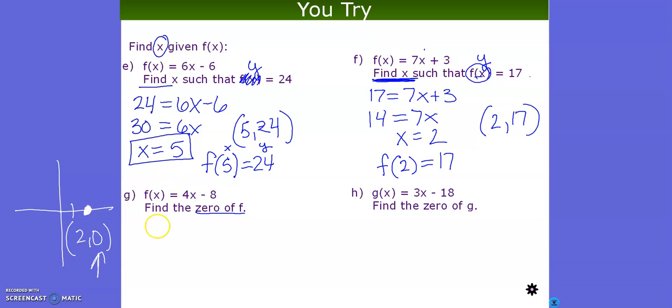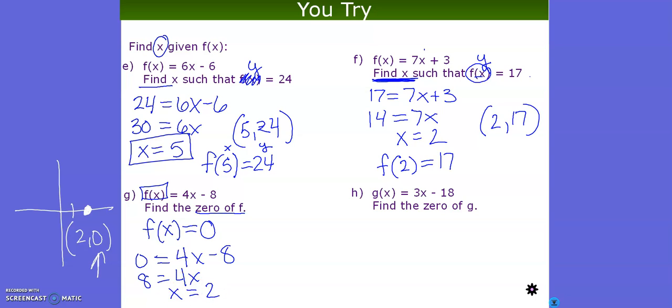So that means f of x is equal to 0. F of x is my y value. So I'm going to say 0 equals 4x minus 8. Solve my equation. I'll get an x to be 2. So when I found the 0 of the function, f of 2 is equal to 0. That's the ordered pair (2, 0).